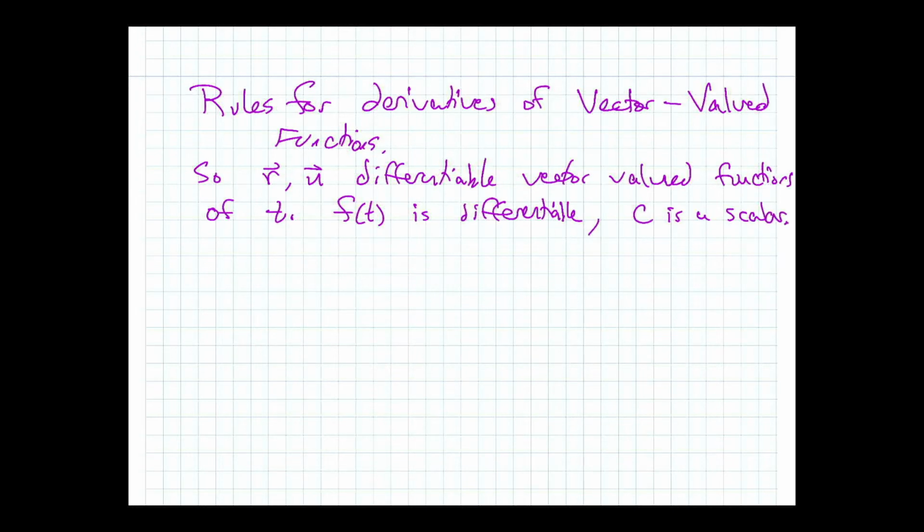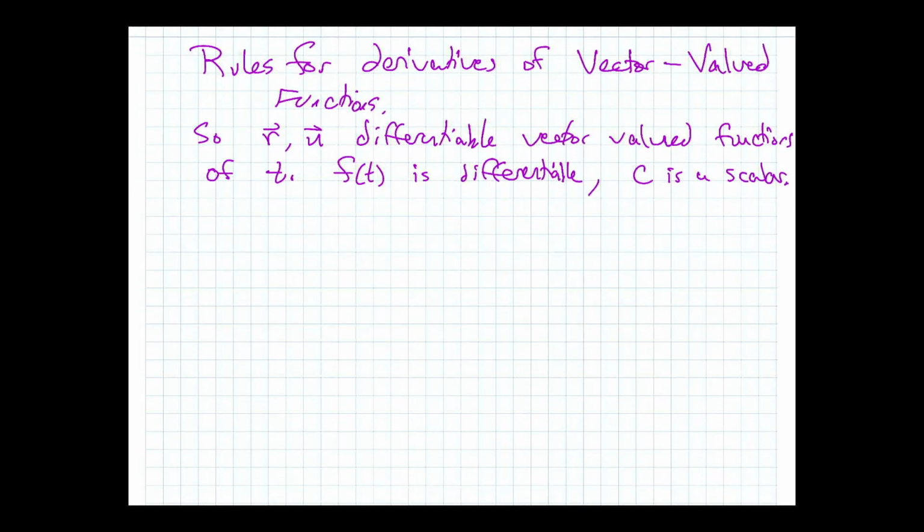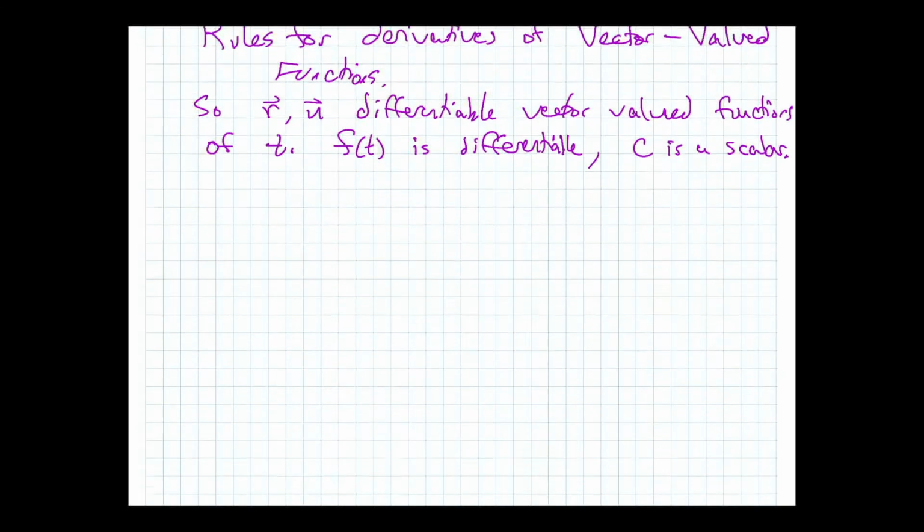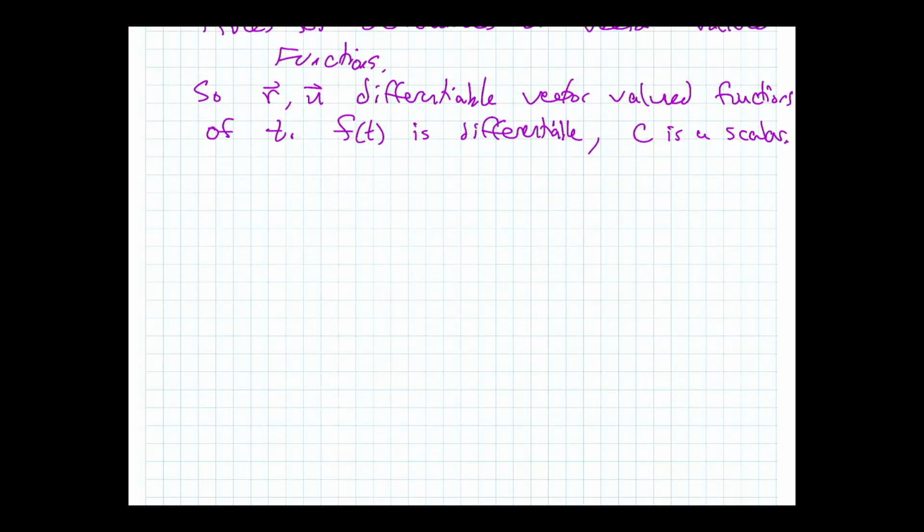Okay, so just everything has a name there. This isn't that hard to understand. The ones with vector symbols are vectors. f of t is a function, and c is going to be a constant.